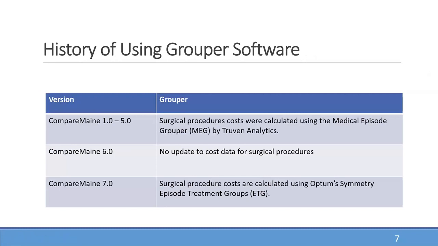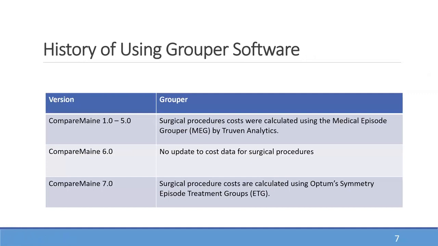We then took a pause with release 6.0, and we did not update the cost for those 10 surgical procedures because there was an issue with the cost of accessing the MEG, and it was way outside of our budget. So the MHDO board agreed that we needed to find an alternative.